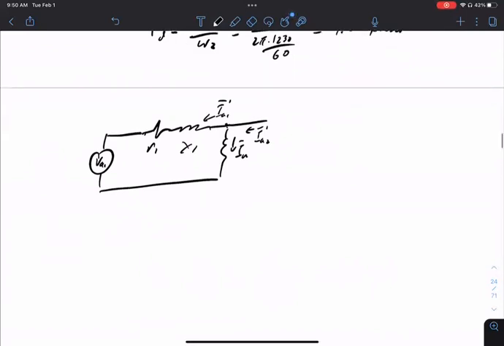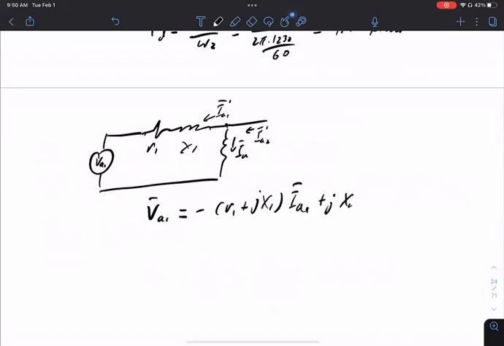Okay, so now we can set up an equation using Kirchhoff's voltage law. So VA1 is minus (R1 plus jX1) times IA1 plus the voltage rise across the shunt element.